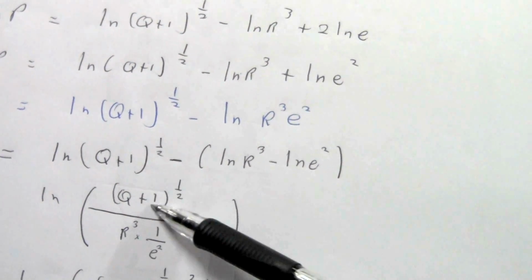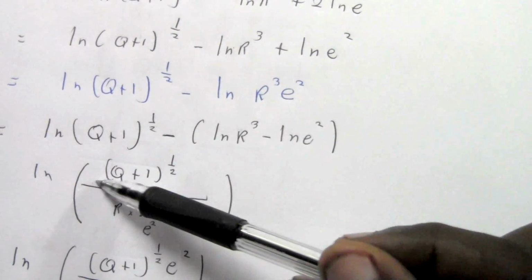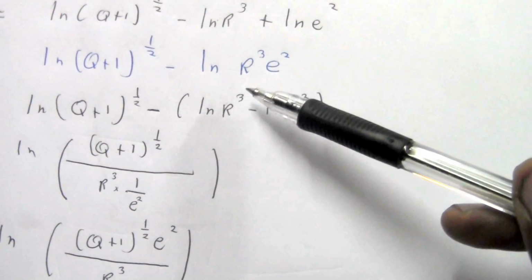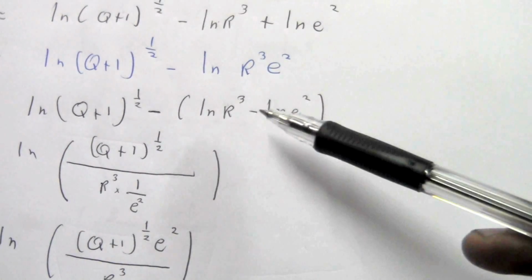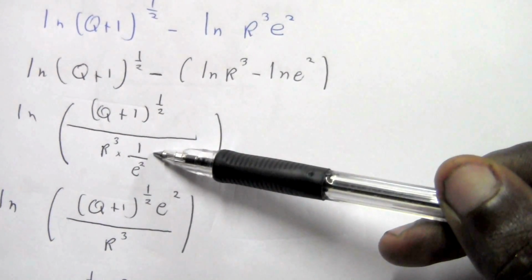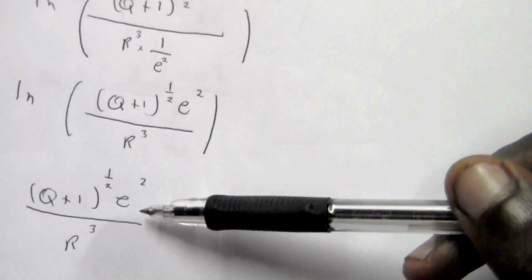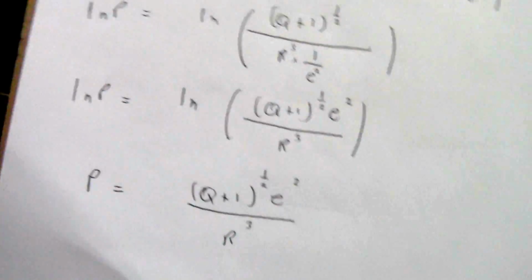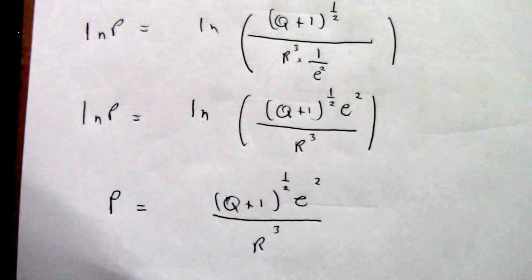So I have this q plus 1 to the half all over, and then I do this relationship, which is r cubed divided by e squared, or r cubed multiplied by 1 over e squared, which is this. And when divided by a fraction, you upturn, and then simply we have this answer.